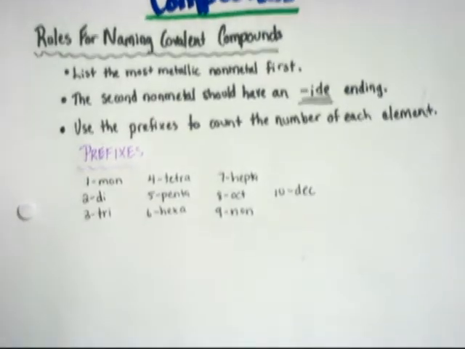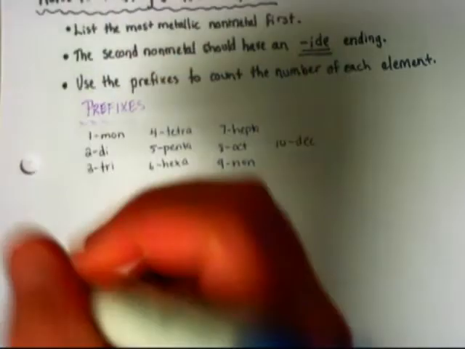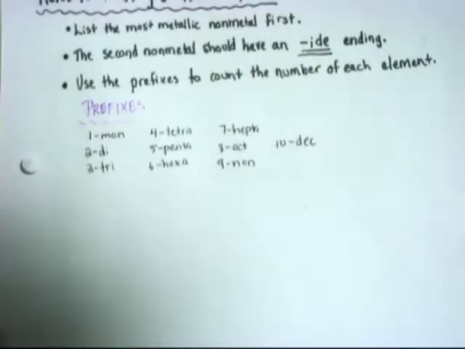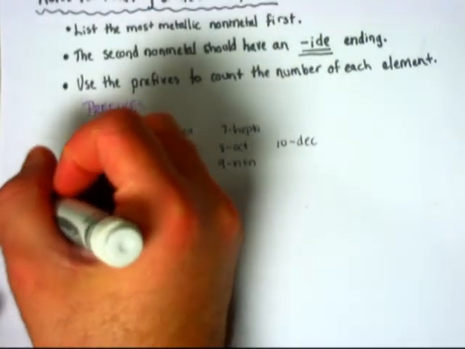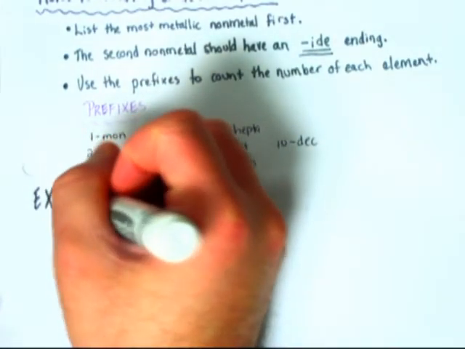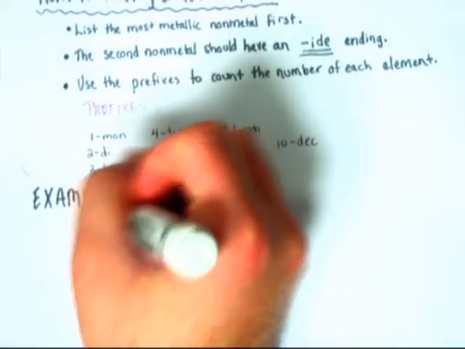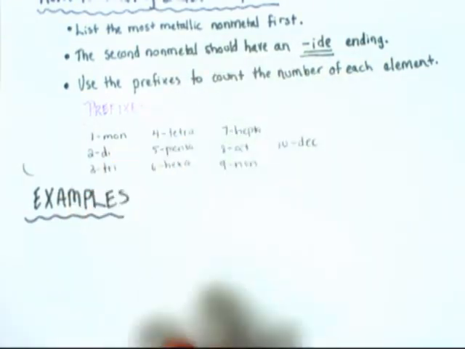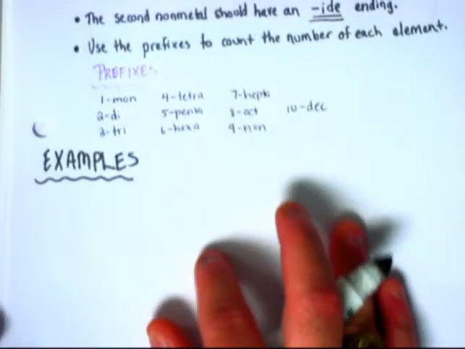So let me show you how to do this. I want to go through some examples. And we'll have to write the formula and we will have to write the name. So here's some examples, and I'll have you write down these.